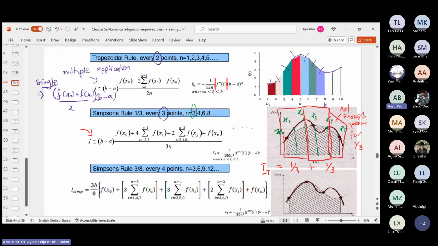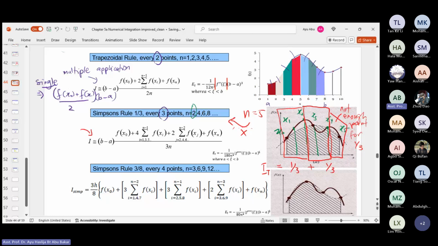That's why n=5 is not applicable with 1/3. So that's why you see there's none of 5 segments over here. That's how to confirm whether each of the n orders works with which rule.